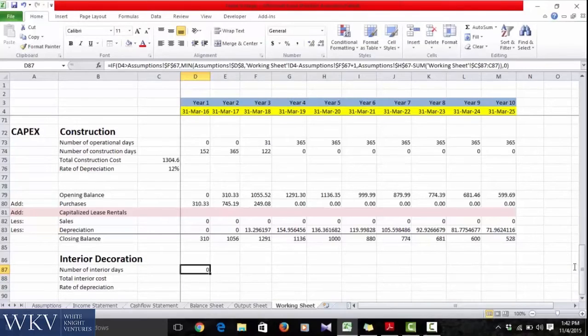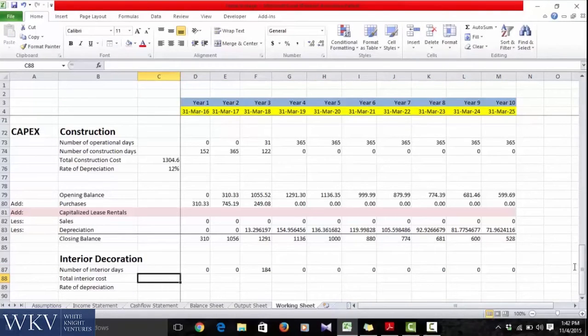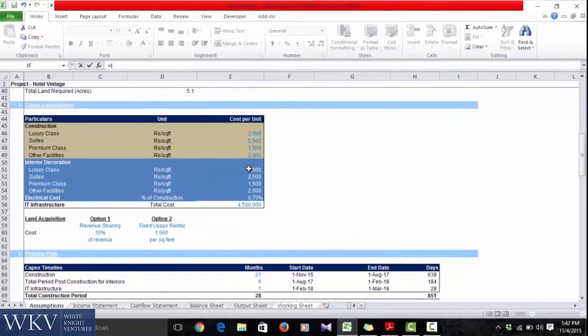The total number of interior days will be 184 as can be seen in the third year only. The total interior cost will be calculated similarly as we did under construction. We will also add the electrical cost to this.